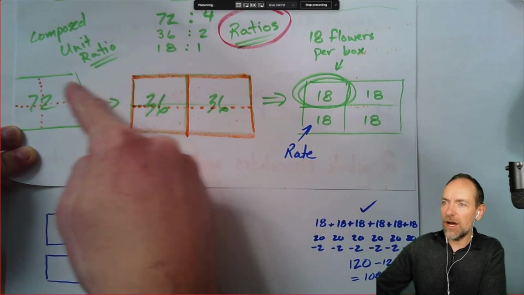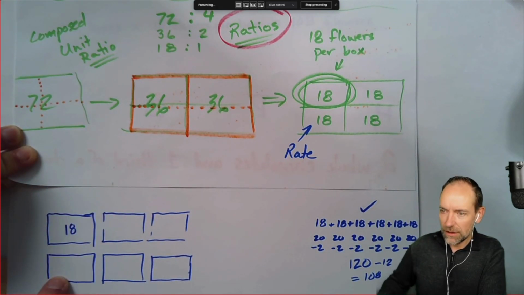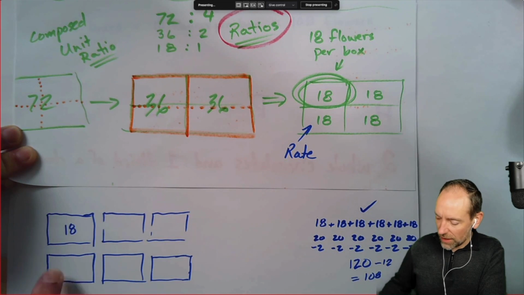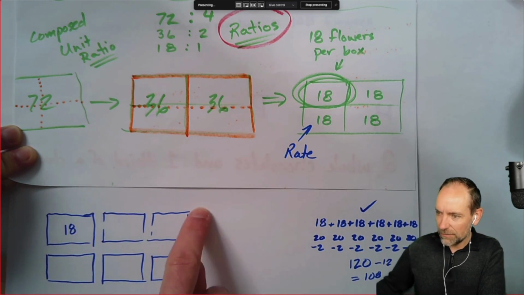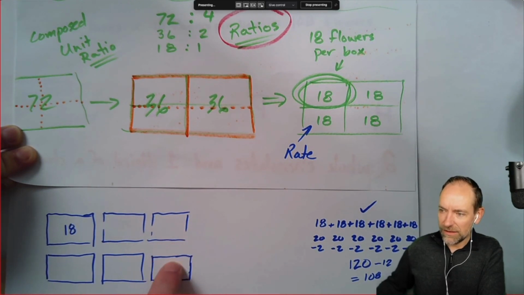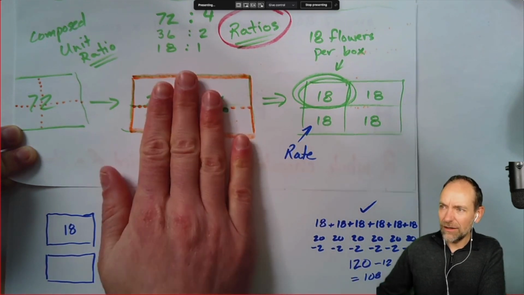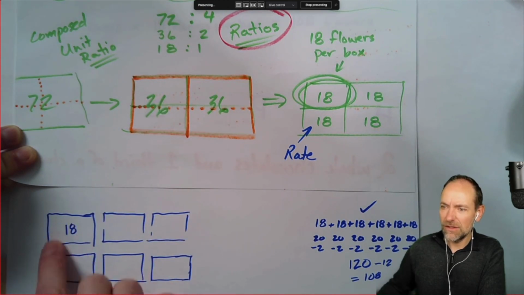I'm feeling confident that these are equal to 72 flowers. I'm also confident that these are equal to 72 flowers, but I've double counted if I do that. I know a lot here. When I go over to here, I feel like 2 boxes is 36 flowers.